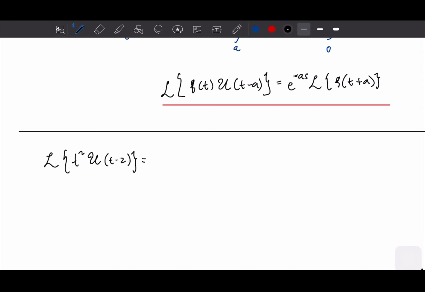Now, taking this Laplace, we could write down all of this, plus 4 times t minus 2 times Heaviside t minus 2, and then plus 4 times Heaviside t minus 2.